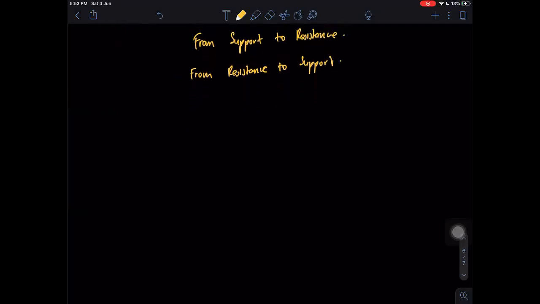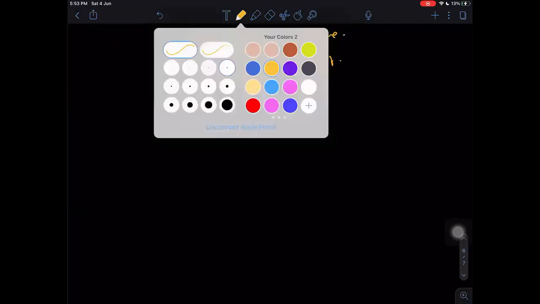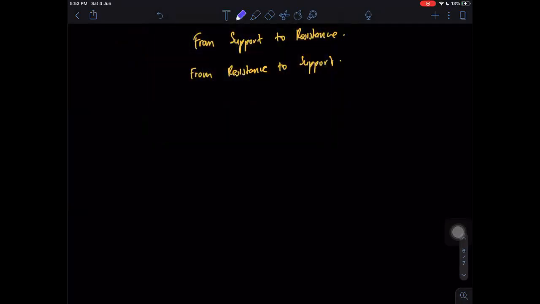And so you have the time frames. What are the time frames?